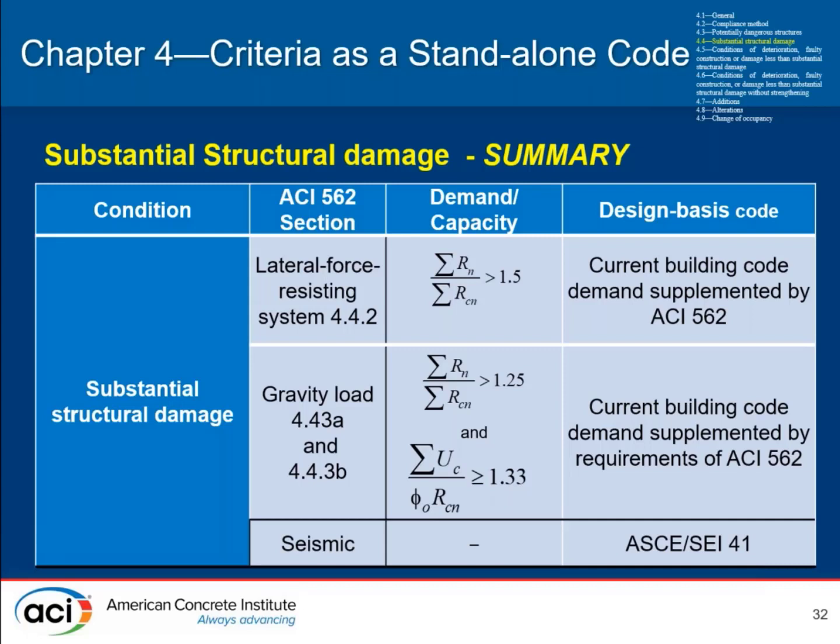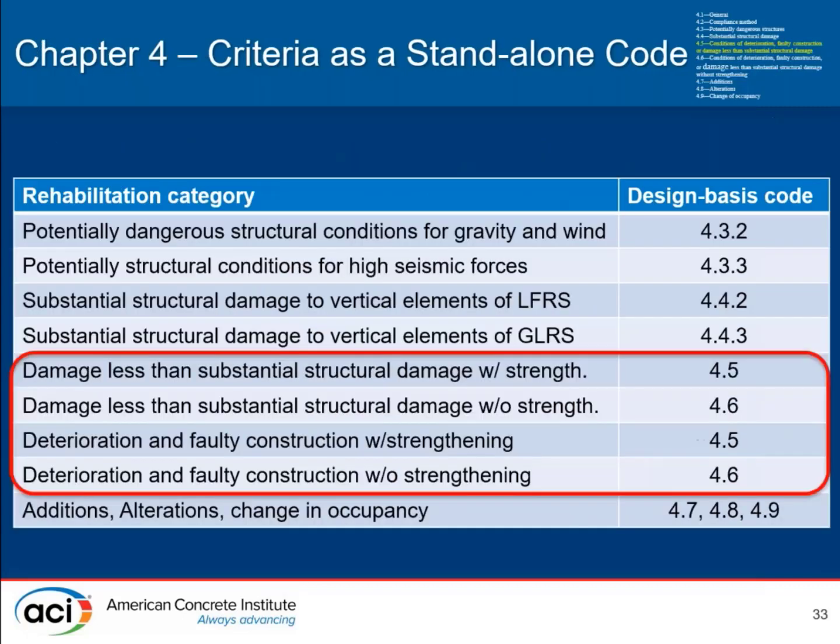If you've got a gravity load system defined by either of those demand and capacity limitations, then the design basis code is going to be the current building code demand supplemented again by the requirements of ACI 562. And if you've got a seismic assessment, then you're going to be using ASCE SEI 41.